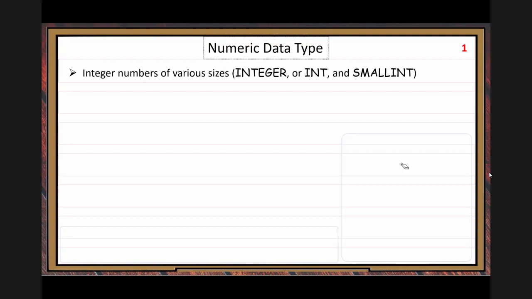First, you need to declare your field. Usually, when you define a particular field or column or attribute, sometimes you need to use the integer data type. The integer data type has various sizes.